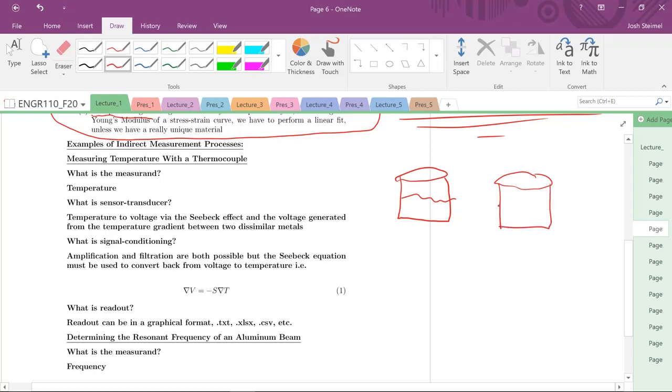I should change to blue, but you get the picture. So we are going to create our handmade thermocouple, a T-type thermocouple made of copper and constantan.